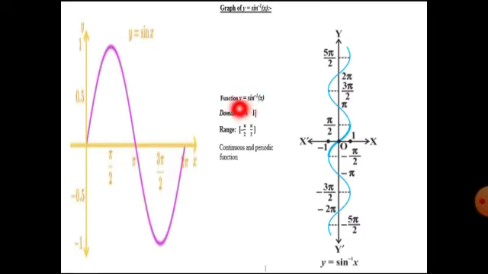What will be the angle for which the sine is minus 1? We can take it as minus pi by 2, and the point which we can plot on this graph is x is equal to minus 1 and y is equal to minus pi by 2.